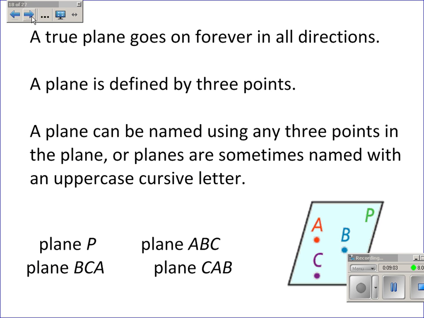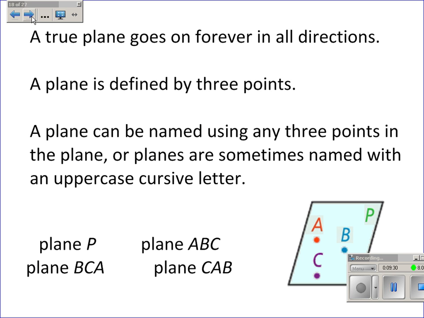It's defined by 3 points, and you can name a plane using any 3 points in the plane. For example, the plane down here at the bottom right is plane ABC, plane BCA, plane CAB. The order doesn't really matter, just any 3 points in that plane. Or sometimes it's given a name of an uppercase cursive letter.